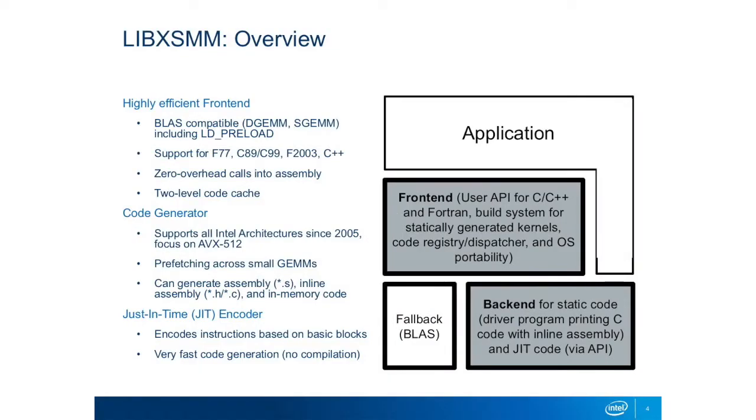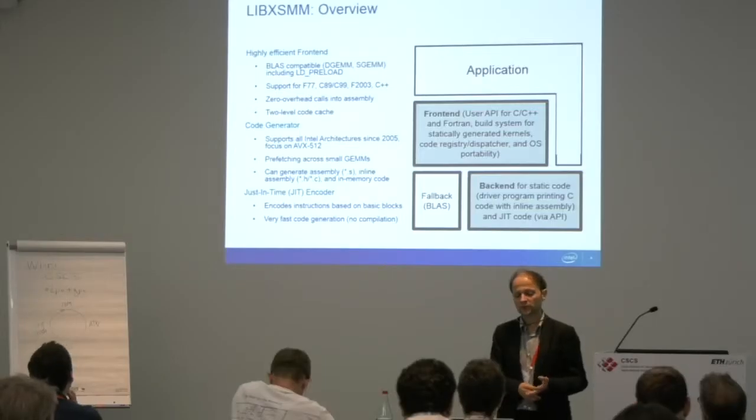So the general overview here is focusing again on the SMM, the classic small matrix multiplication domain, but it's true in general. What we actually started with is to replace or augment BLAS, and at the same level we have a backend that generates static or just-in-time code for these matrix multiplications.